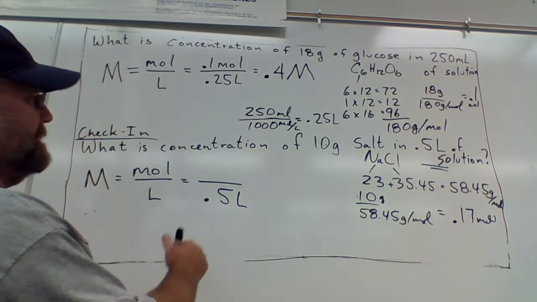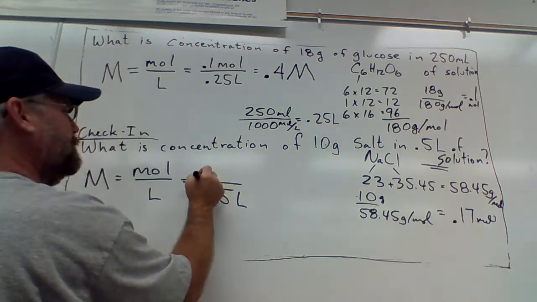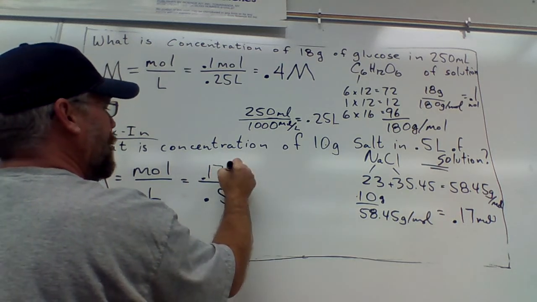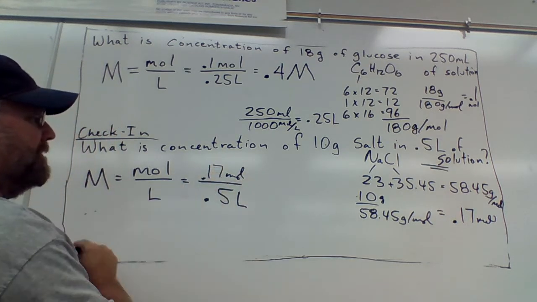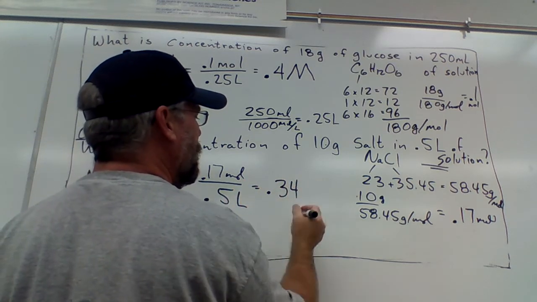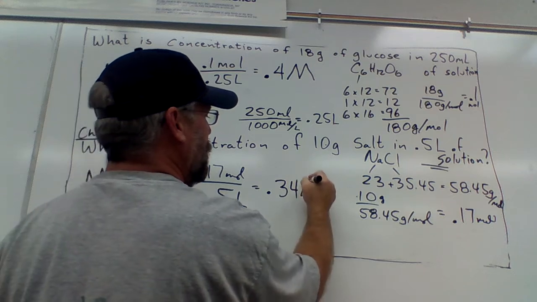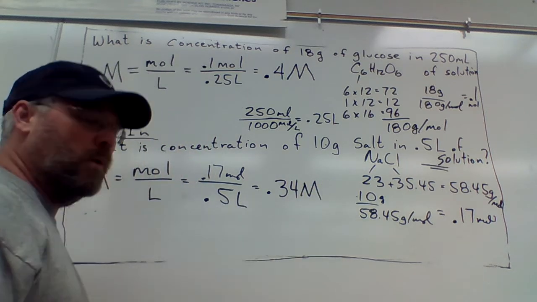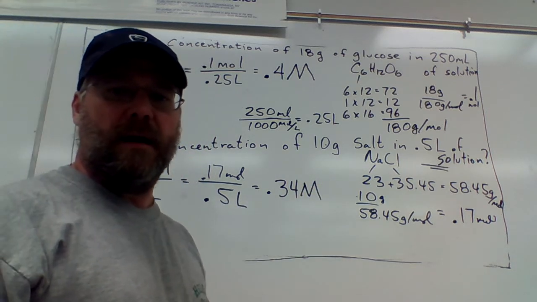So yes, I checked my answer. It is 0.17 mole. So 0.17 mole divided by 0.5 liters would give me 0.34 moles per liter, or 0.34 molar concentration in my solution.